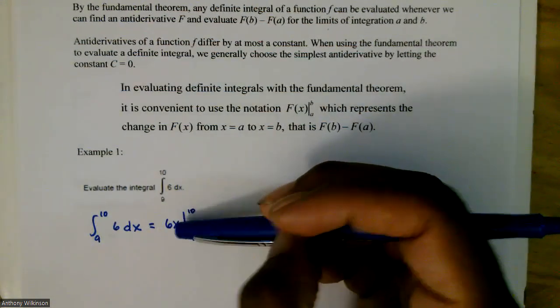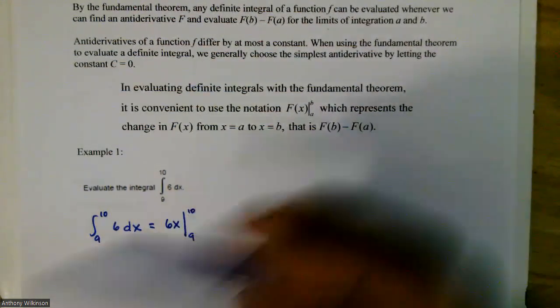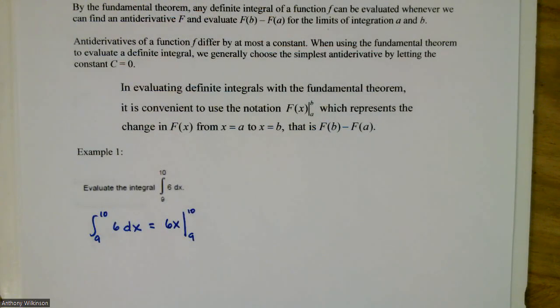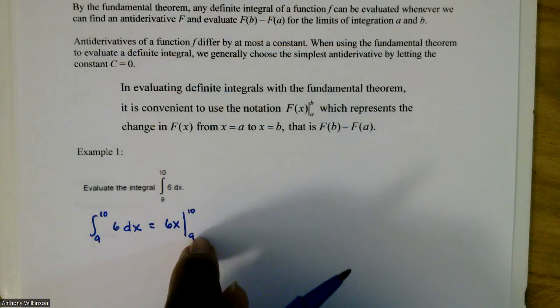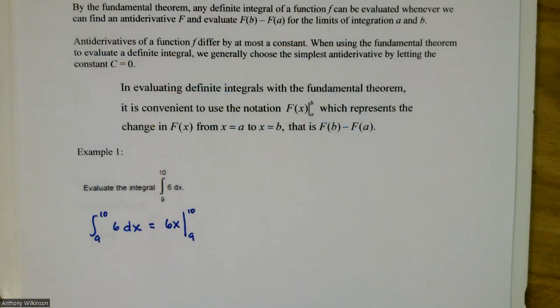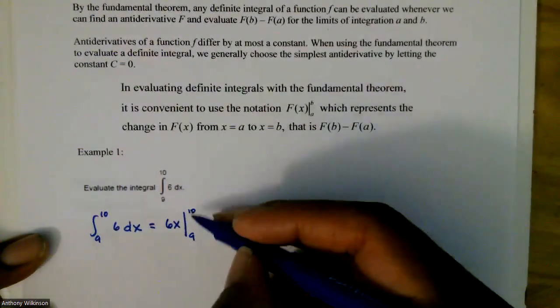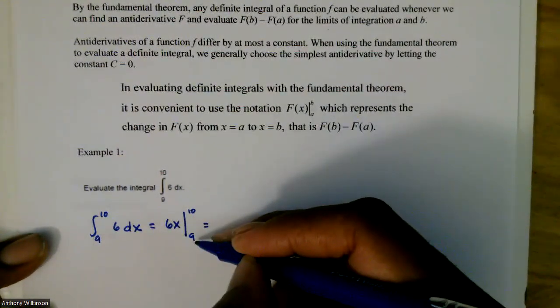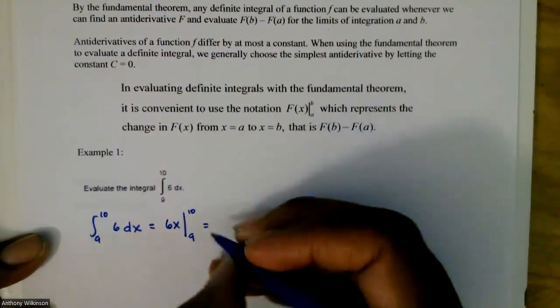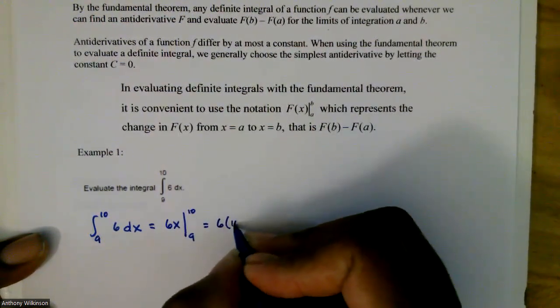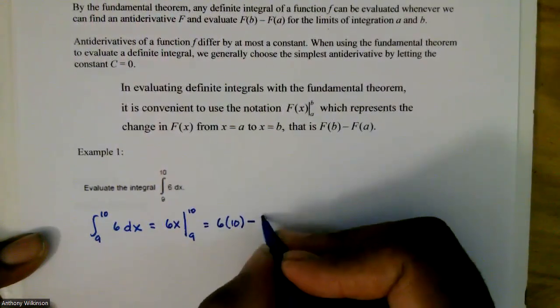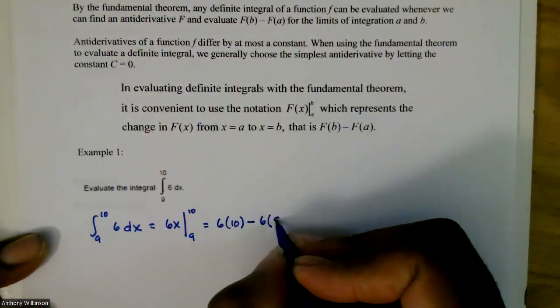So 6x, and then we're going to find out what that area is from x equals 9 to x equals 10. And in fact, when we're finding the definite integral, we're actually finding the area between 9 and 10 in this case. So here's what we do. We're going to do the upper limit minus the lower limit. In other words, we're going to do 6 times the upper limit, which is 10, minus 6 times the lower limit, which is 9.